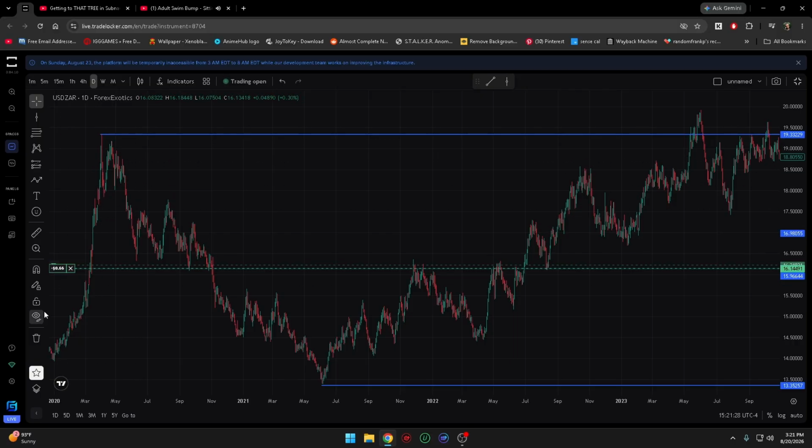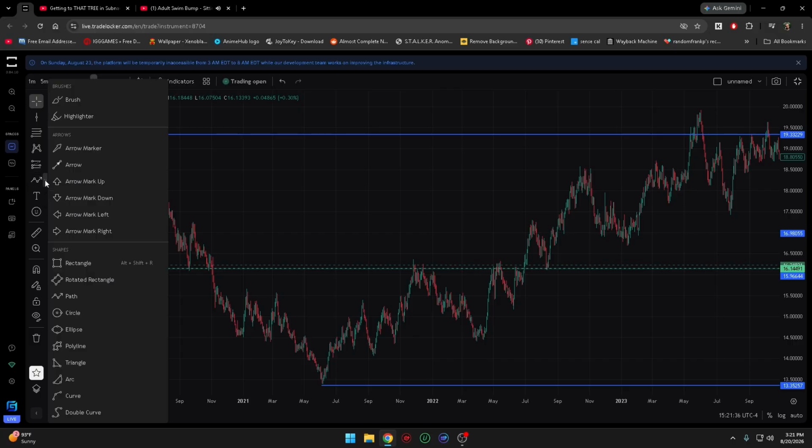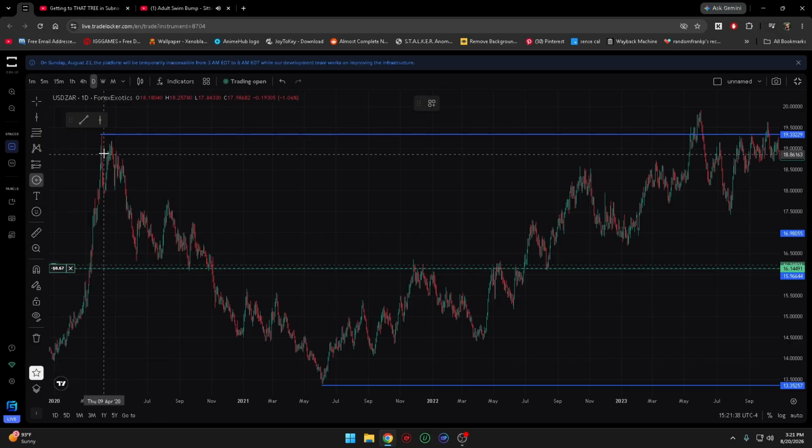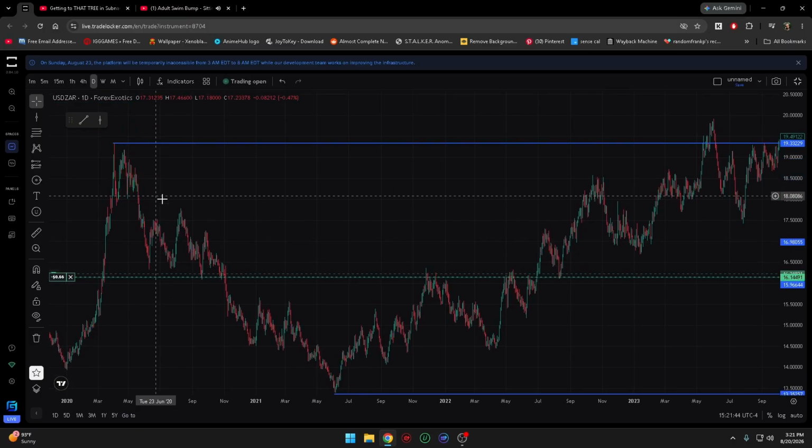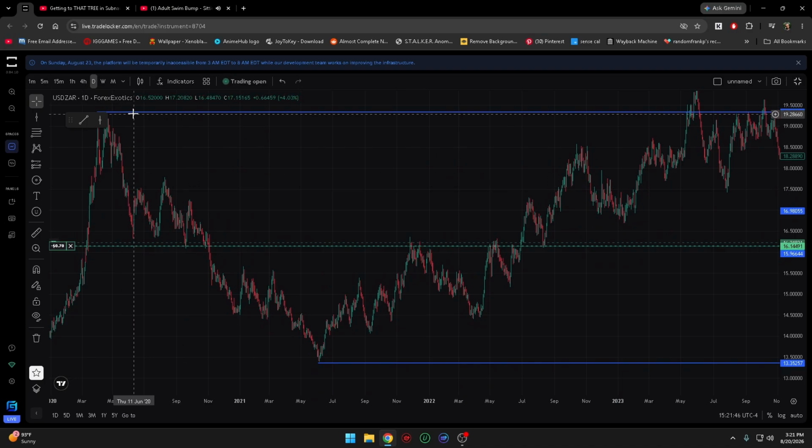So from this area right here, let me put my tools closer, so I can, got this area.